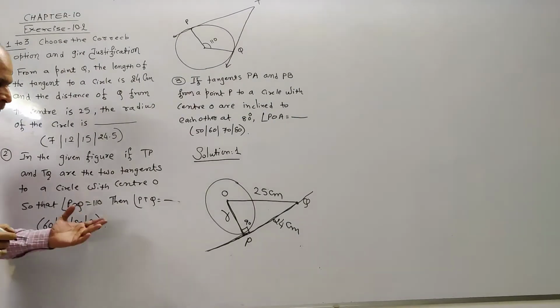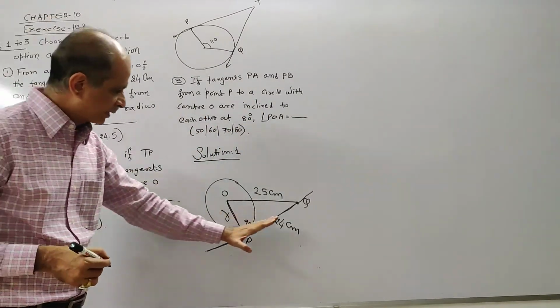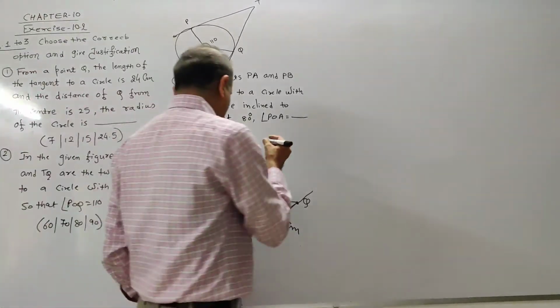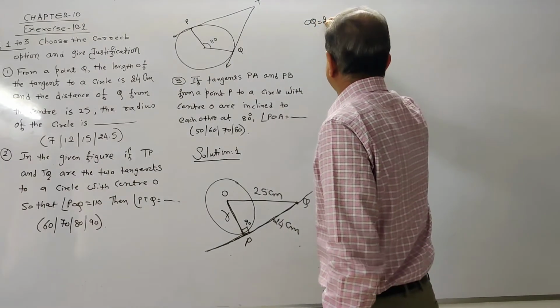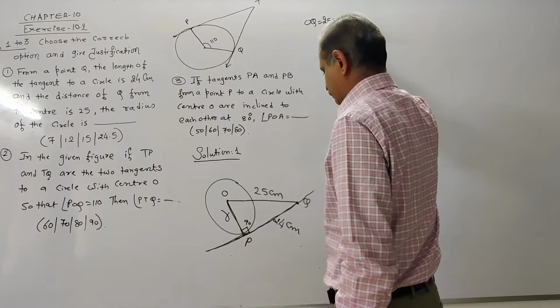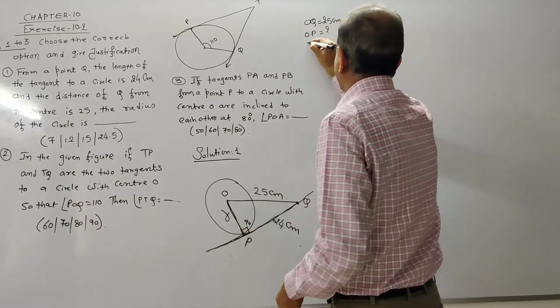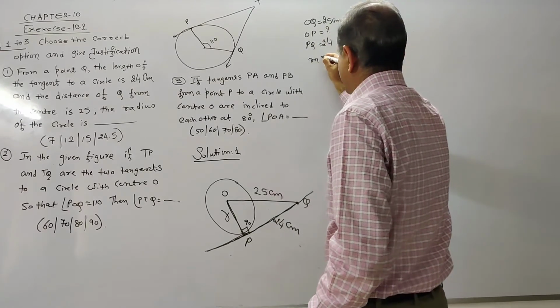Well, as you know, from concept number 9, the tangent and radius are perpendicular to each other. So we can say here OQ is equal to 25 centimeter, OP is equal to question mark, and PQ is equal to 24.